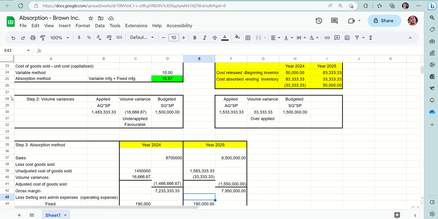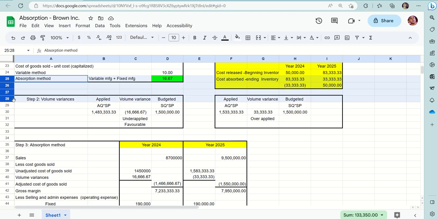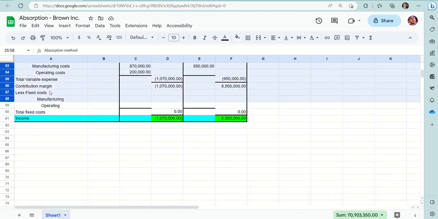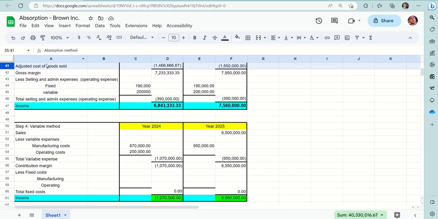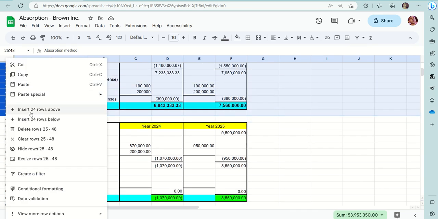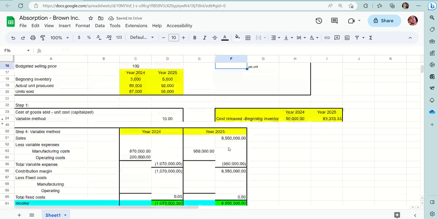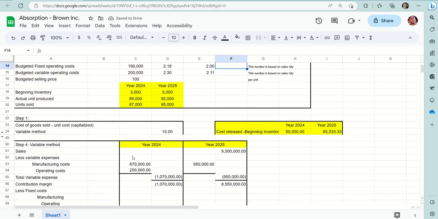Now we're going to block all this off, all the absorption costing method. I'm going to hide this because we are not going to work with it now.